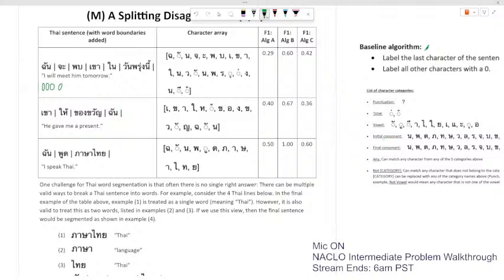No, it's 1 vowel. 0. 2. And then we have, I believe, 1, 2, 3. 1, 2.